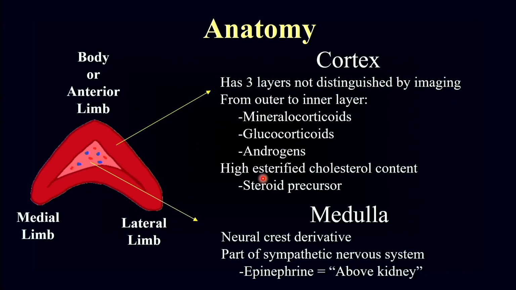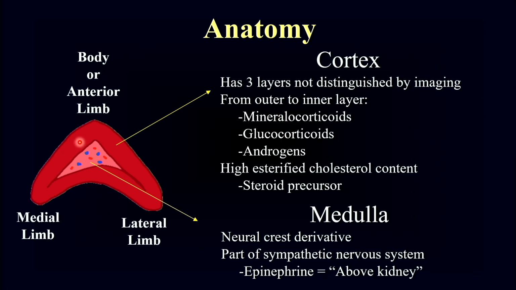Okay, so the anatomy, very briefly, we have 2 parts to the adrenal gland. Most of the pathology we'll be talking about is arising from the cortex, which has 3 layers that we can't really distinguish with a CT or MR for the diagnostic radiology, which control mineralocorticoids, glucocorticoids, and androgens.